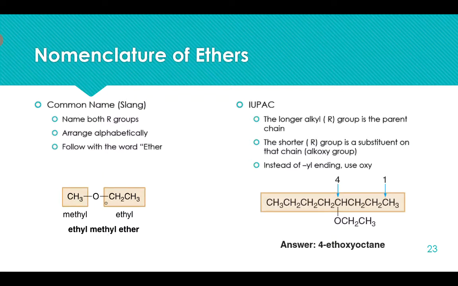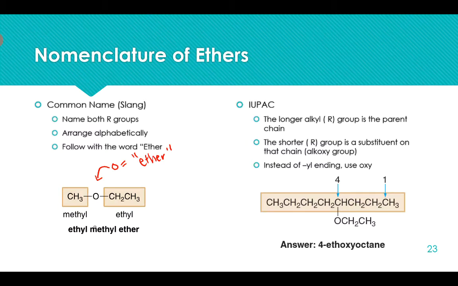In the common language, which I hope eventually dies, but I find myself naming things this way too. When you view an ether in this common nomenclature, you kind of view it as the O with things bonded on either side of it. So you have the O equals ether, and then we have an ethyl and a methyl group hanging off of the O. So it's like the O is the center of the universe.